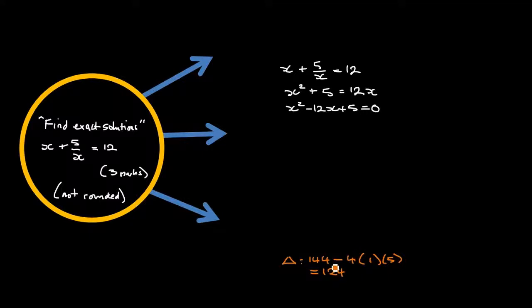Now, here we've got a slight problem in that we don't have a square number here. And if we don't have a square number, then our option of using the method of factorization is not available to us. So we can say we can't do that. That makes us think then about the quadratic formula.